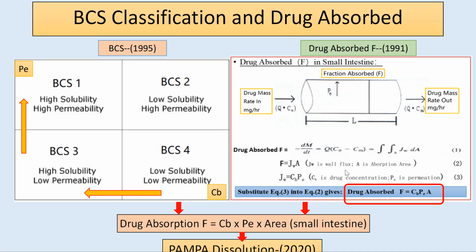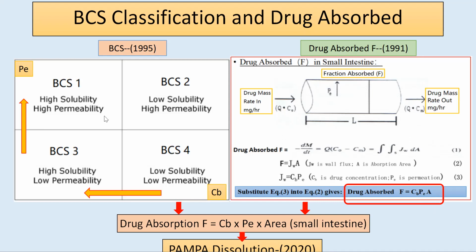Further, scientists figured out that JW is equal to CB times PE. CB is the drug concentration, and PE is the permeation. By substituting these 3 into 2, that gives us this equation: drug absorbed F equals CB times PE times A. So CB is the drug dissolution, PE is the drug permeation, and A is the surface area of the small intestine.